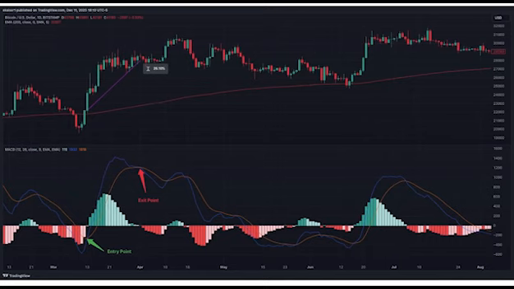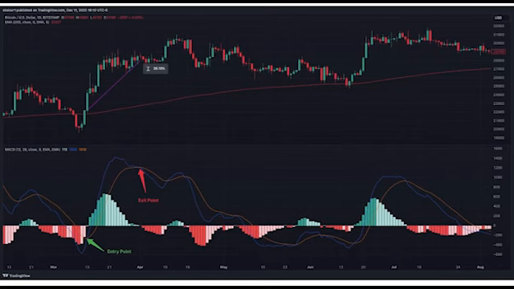We have chosen Bitcoin for our example, and our entry point of the trade is when, as you can see on the left-hand side with the green arrow, the MACD line is crossing the signal line and, important, the 200-day moving average on the top half of our picture has to be below the market value.